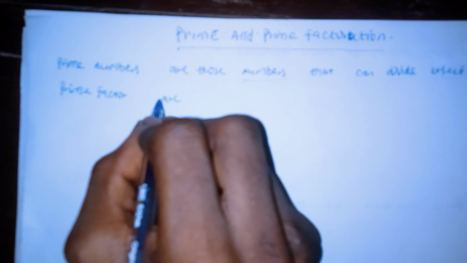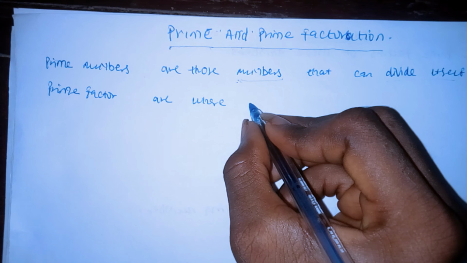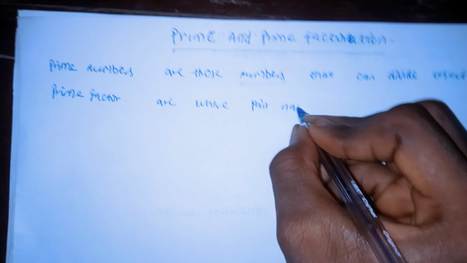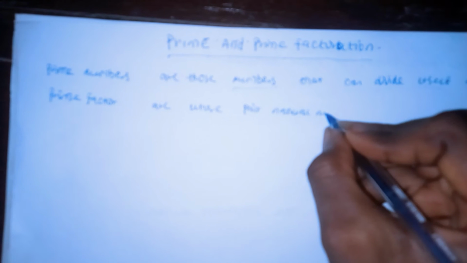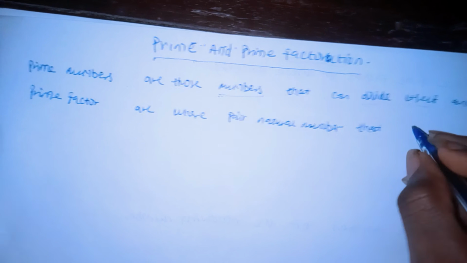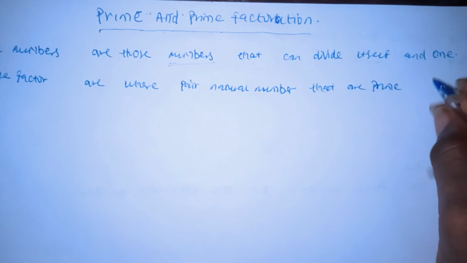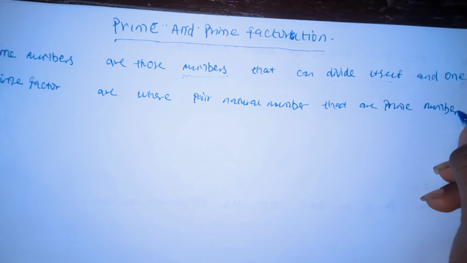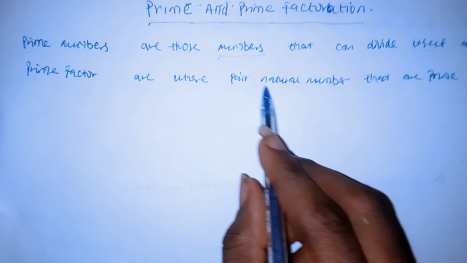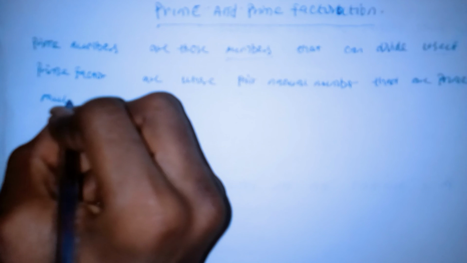Prime factors are where pair natural numbers that are prime numbers multiply each other. There must be natural numbers, and there must be prime numbers.